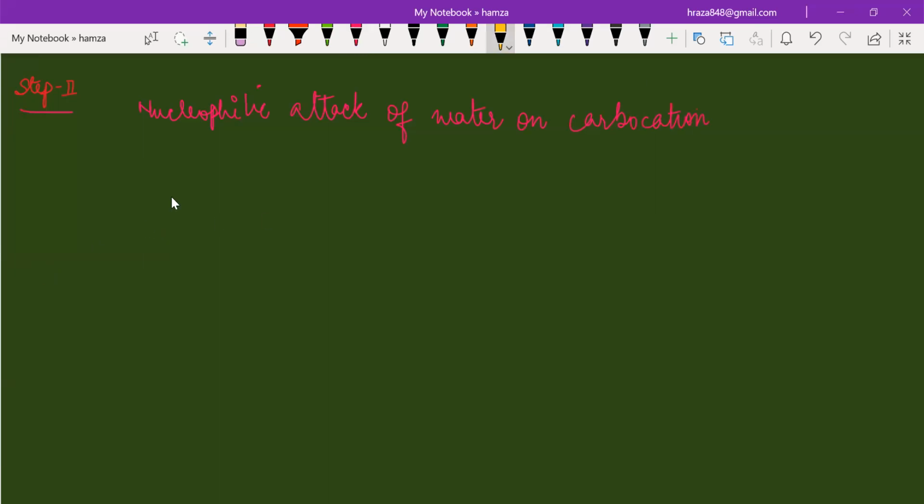So in the previous step, the product will be written as the reactant here, and as you can see, this is a carbocation, that means an electron deficient element. So this will attack here because it will act as a nucleophile, and this will act as an electrophile.